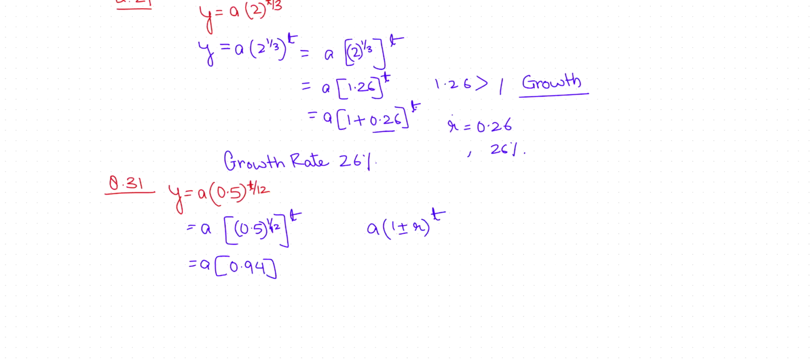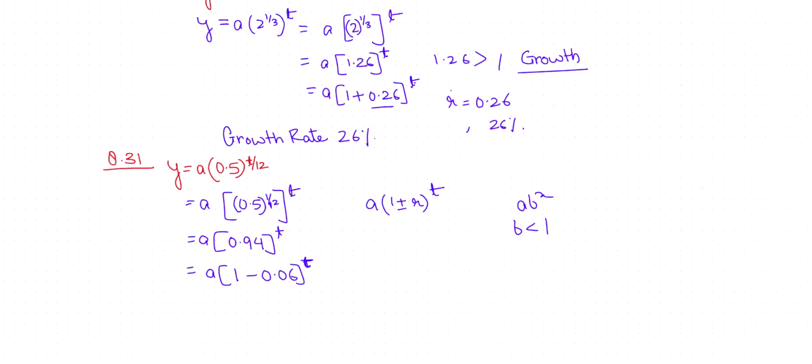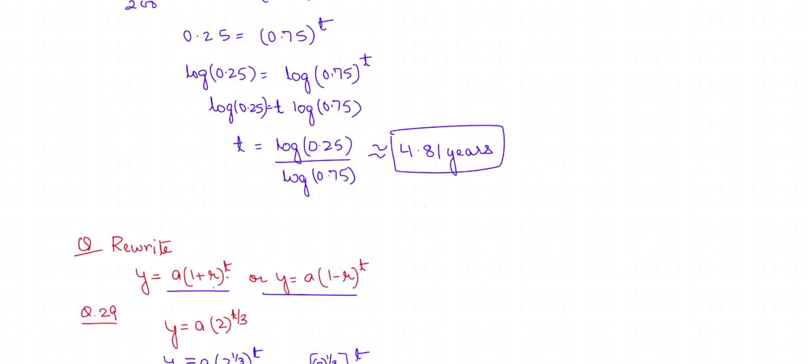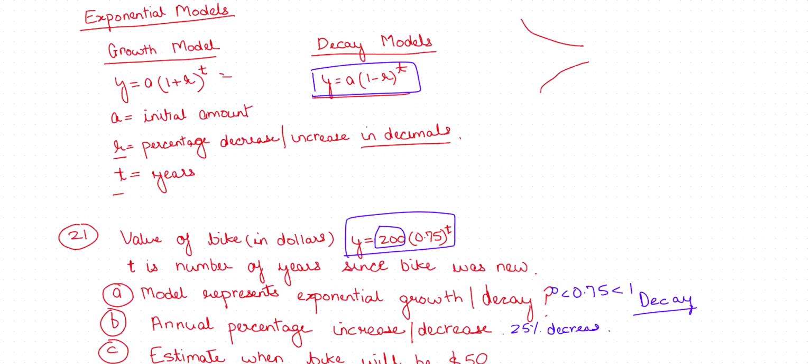If we match with a b^x, we see that b is less than 1. We'll write it in this form: 1 minus 0.06, raised to t. So we see that it matches the decay model here.